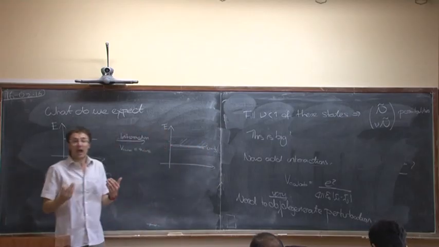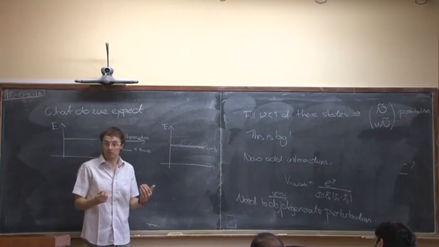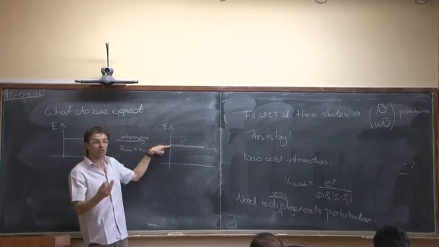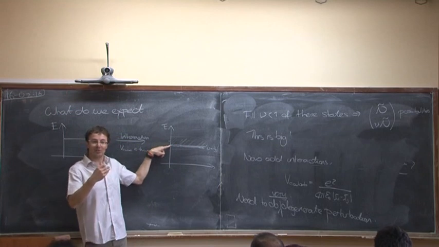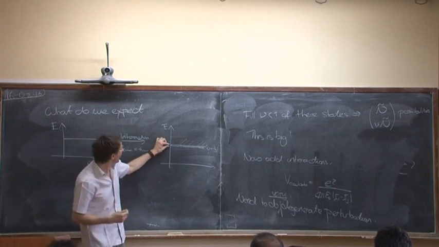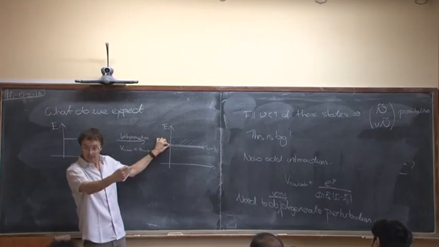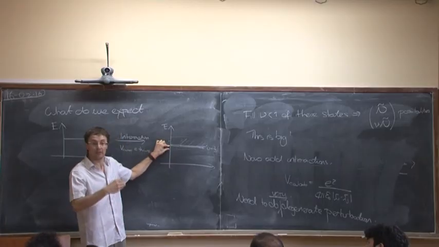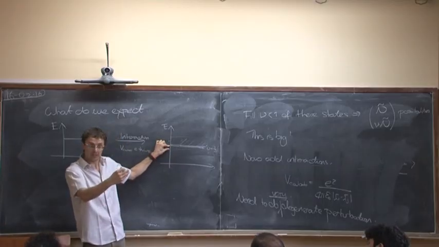Okay? How would that explain the nu equals 1/3 Hall effect? Well, we'd fill up to here, and then we're very much in the situation we were in with the integer quantum Hall effect. There's going to be a gap to excite the next particle. We'd have exactly the right quantization because we filled up 1/3 of these states.